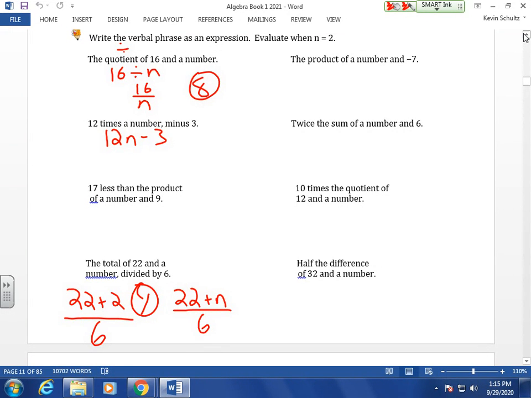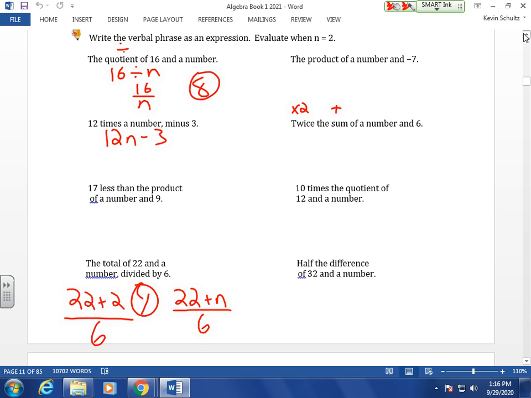So twice the sum of a number and 6. Twice means what? Not squaring, but multiplying by specifically 2. So we got times 2 there. The sum refers to the answer to an addition expression.